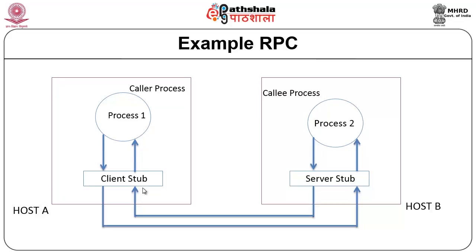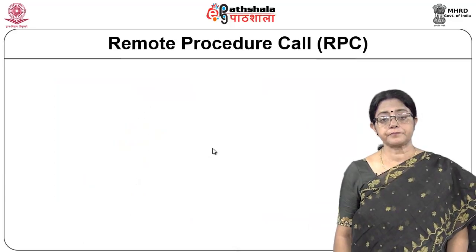In the caller process, the client stub runs, and the process contacts only the stub, which in turn contacts the server stub, which contacts the callee process. Similarly, when the result comes back through RPC, the callee process sends the result only to the server stub, which transfers the data to the client stub, which delivers the data to the caller process.